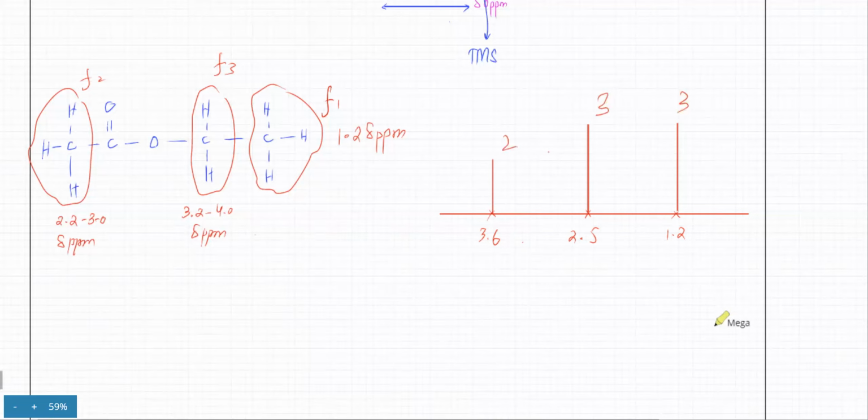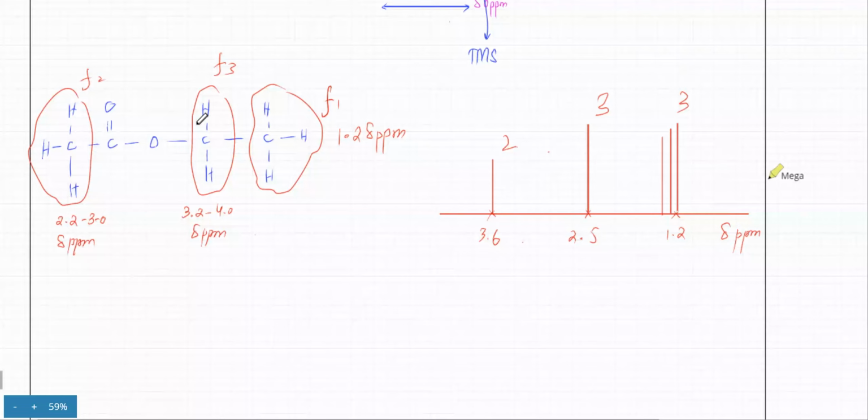And then splitting patterns. This axis is parts per million chemical shift. Then the splitting pattern: this would be a quadruplet peak because in the neighborhood there are two hydrogens. So make it a quadruplet peak. This other one would be a triplet peak because next door there are two hydrogens.